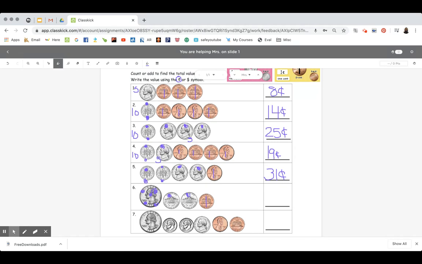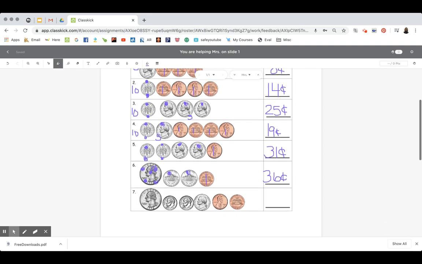And let's count. 25, 30, 35, 36. Or I can count by 5s and then add one more. 5, 10, 15, 20, 25, 30, 35, 36 cents.